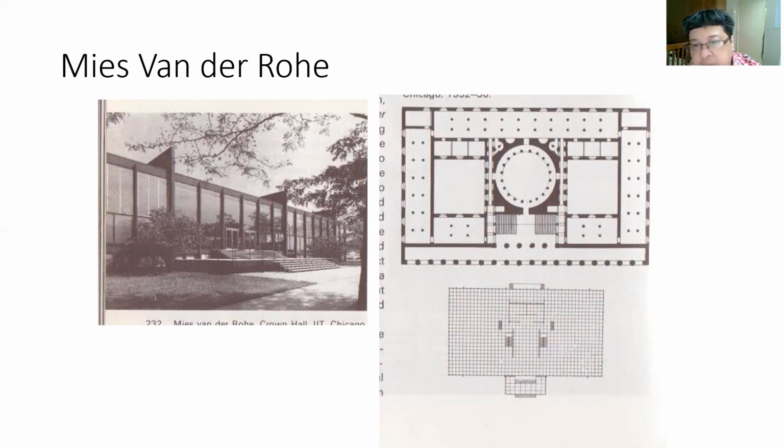In Schinkel's Altes Museum on the right, you can see that that is a classical order where you have these pronounced columns, colonnades, and stonework, but the plan below is a plan of the Crown Hall at IIT in Chicago, which Mies van der Rohe designed.